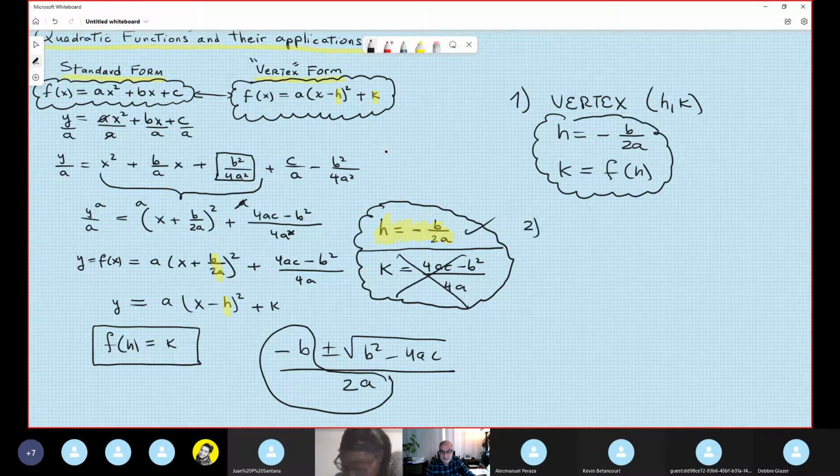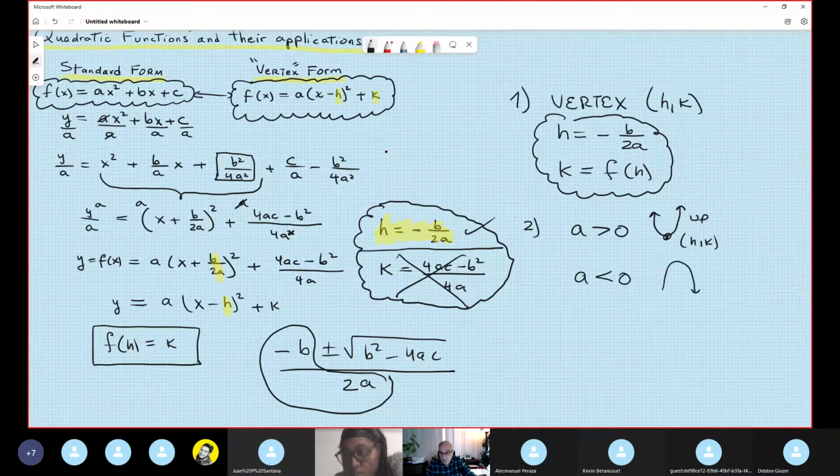Number 2 is in what direction the parabola opens. And this is controlled by a. Coefficient a is super important, the coefficient in front of the quadratic term. If a is positive, the parabola opens up. And by the way, this is the vertex (h, k). If a is negative, the parabola opens down.